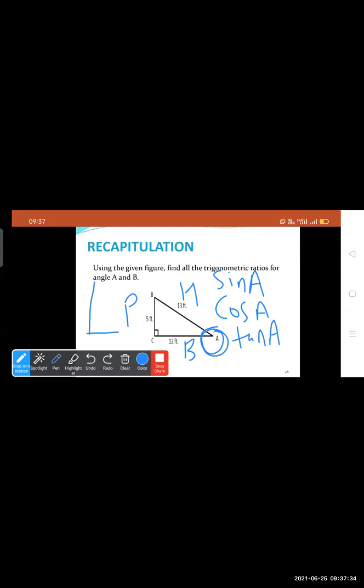So apply the formula for sine A, P upon H, right? You remember that, P upon H, right? So P is 5 and H is 13. So you get 5/13. Clear?